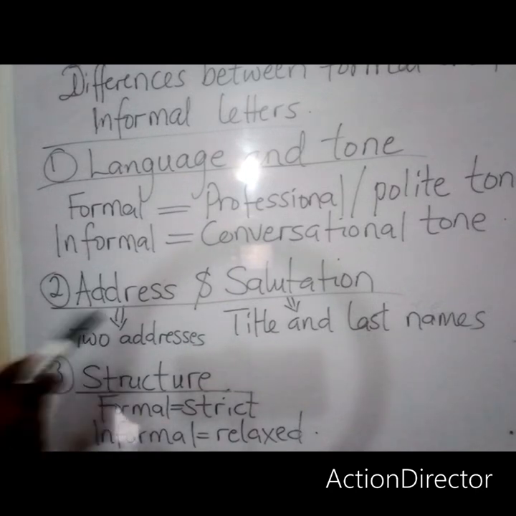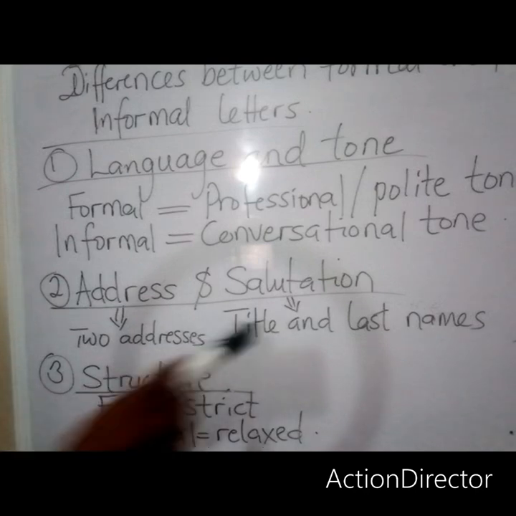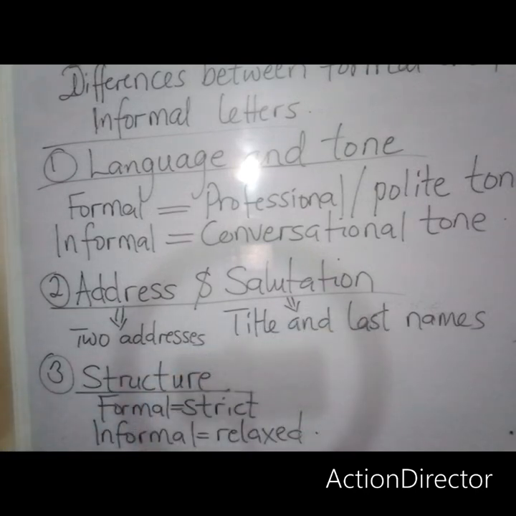Then the second difference is in address and salutation. For formal letters, you find out that you have two addresses. You have your own address and you have the address of the person you are writing to or the company you are writing to. So you have two addresses for formal letters, but for informal letters, you have just your own address and you go ahead and write what you need to write. Also, for salutation in formal letters, you use titles and the last names of the recipients.